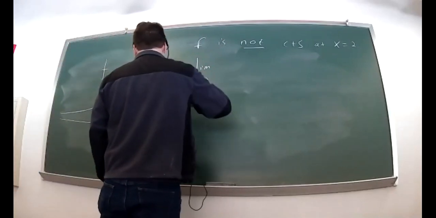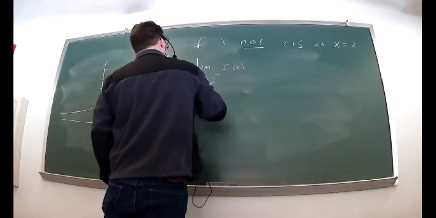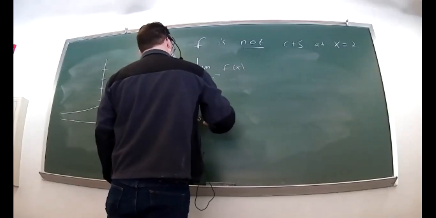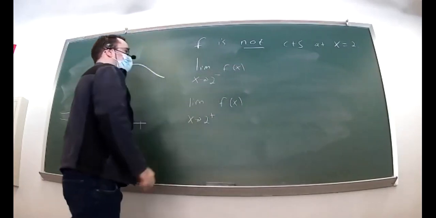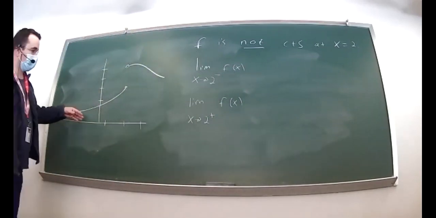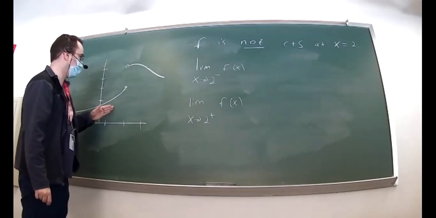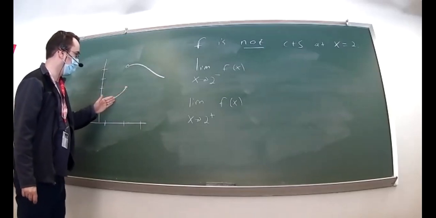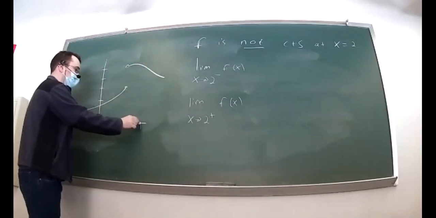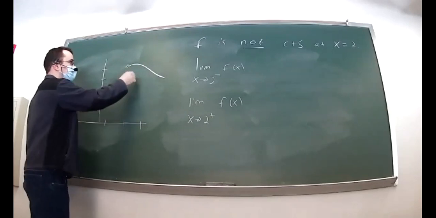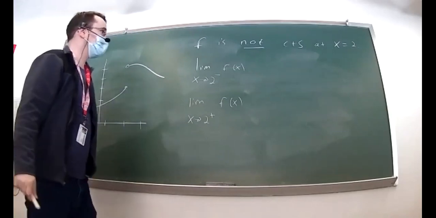So if I take the limit as x goes to 2 from the left of f of x, and the limit as x goes to 2 from the right of f of x, remember this notation, the negative in the superscript means that we're only considering x values that are to the left, or less than 2, when we're thinking about what the y values approach. The plus in the superscript means that we're only considering x values to the right of the number 2 when we're considering those y values to determine whether or not there's a limit. So both of these limits do exist.